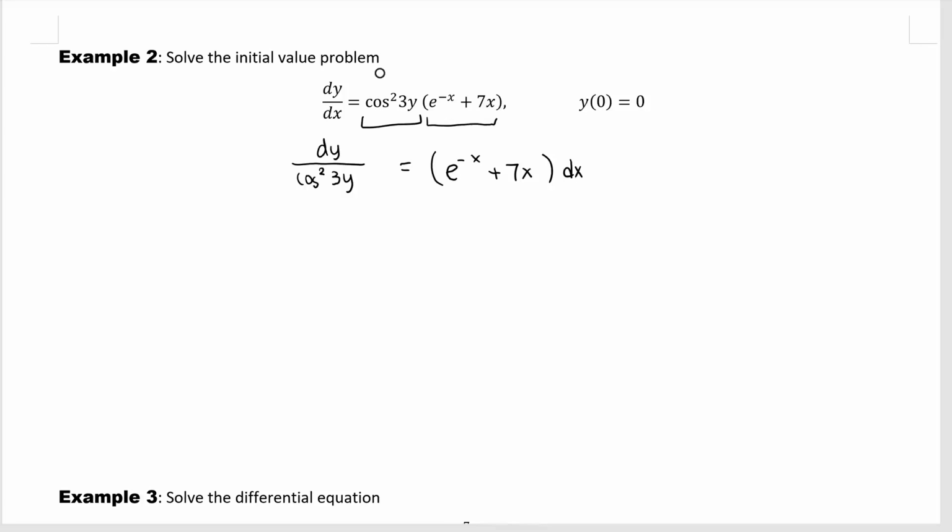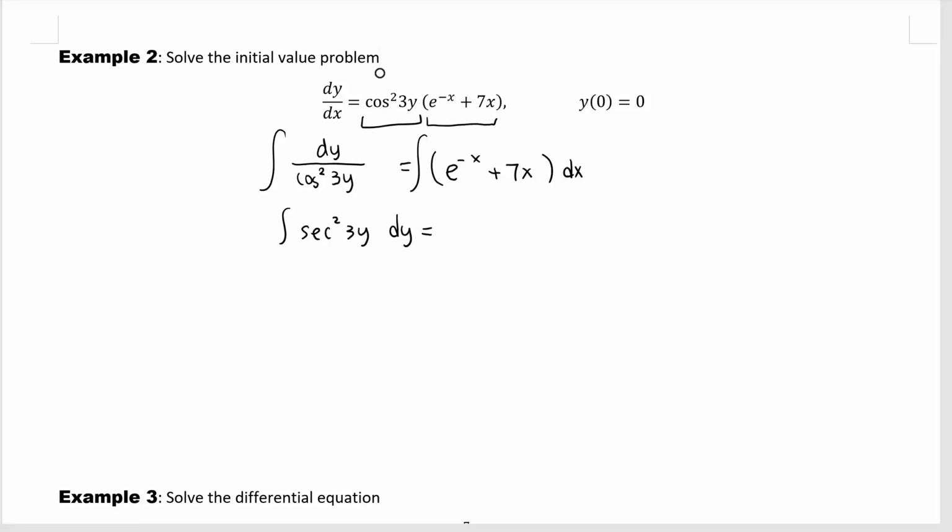Now we have moved all the y to the left hand side, and all the x to the right hand side. We're ready to integrate them. So when we integrate them, what is the left hand side? 1 over cosine is secant. So we get the integral of secant squared of 3y.